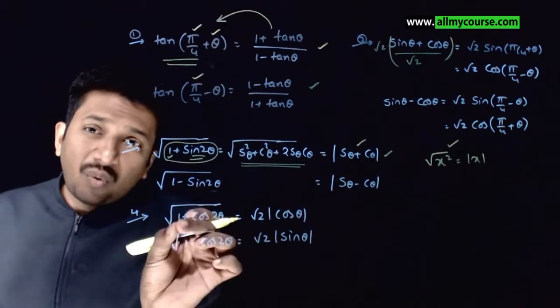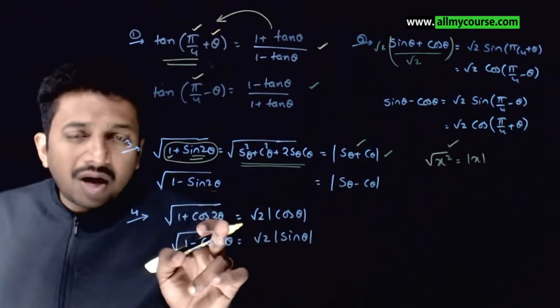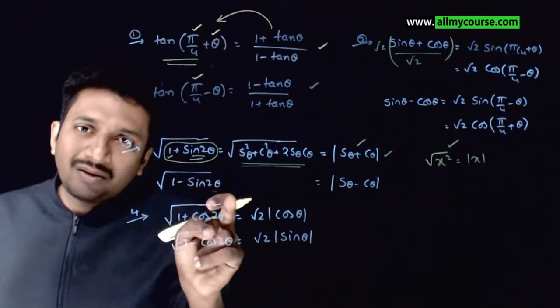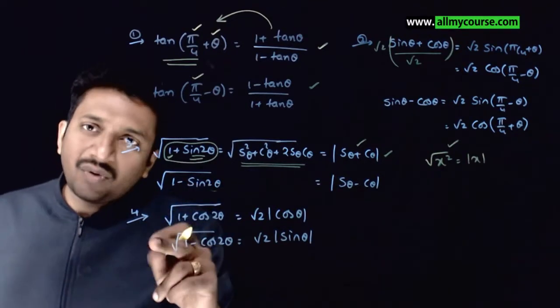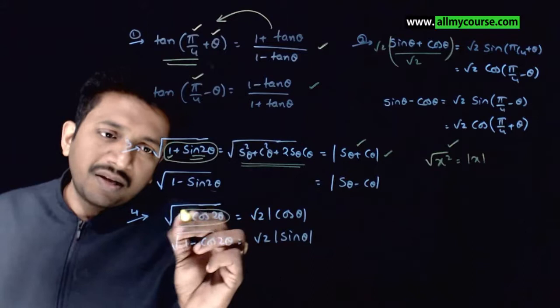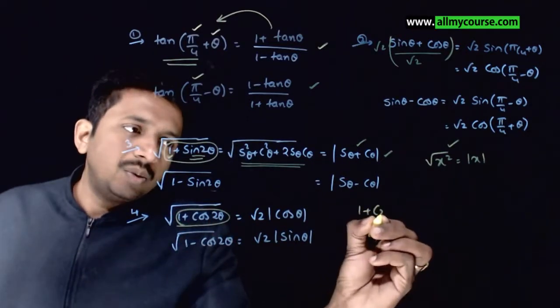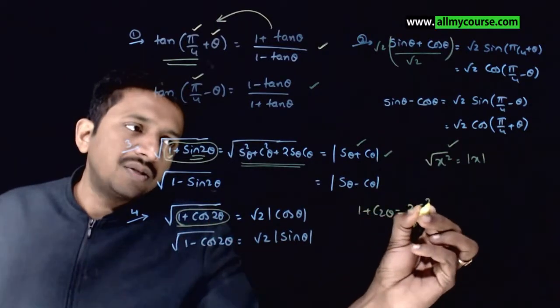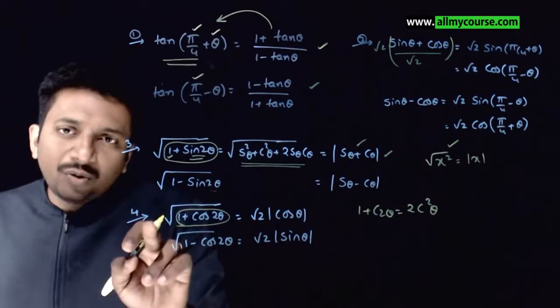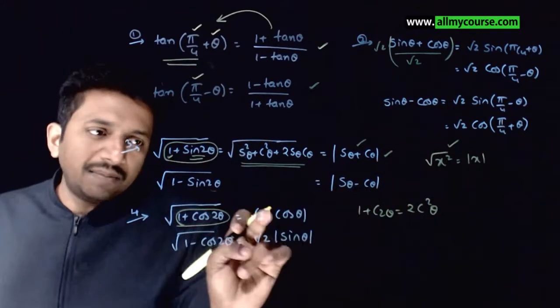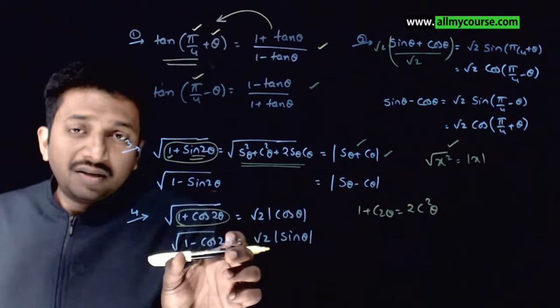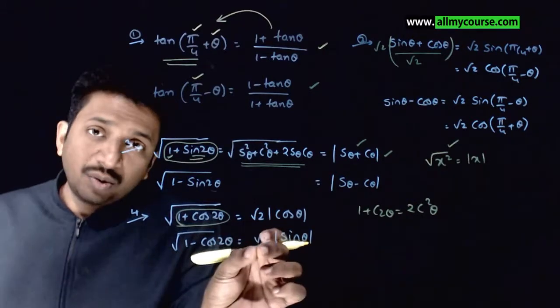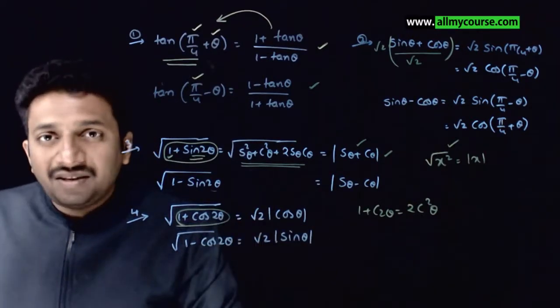Similarly, if you have 1 + cos 2θ, cos 2θ cannot be written as 2 cos θ sin θ. So here we use the formula 1 + cos 2θ = 2cos²θ, and the root of this is root 2 times mod cos θ. Root of (1 − cos 2θ) is root 2 times mod of sin θ.